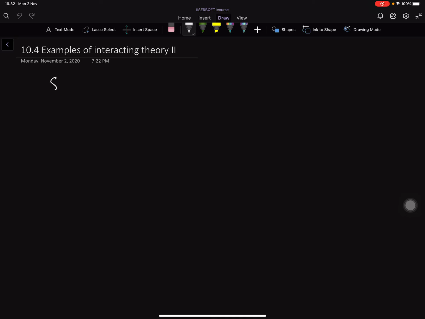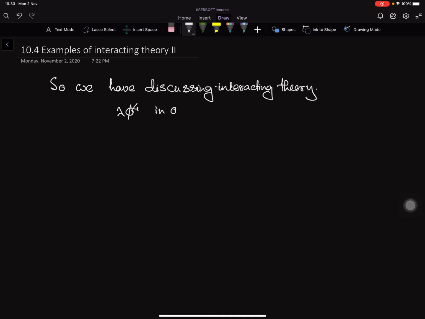So we have been discussing interacting theory. And in the previous lecture, in particular we are discussing lambda phi 4 theory in 0 plus 1 dimension.